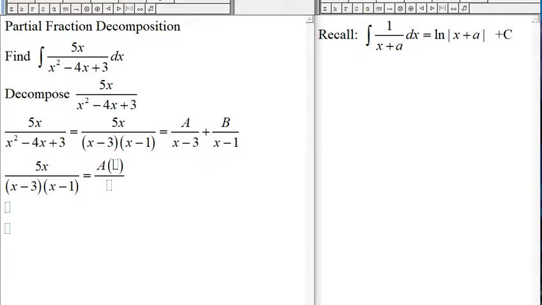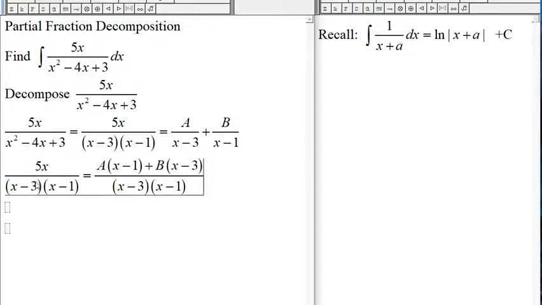So we have a times x minus 1 plus b times x minus 3, and then dividing by the product of the two denominators, x minus 3 and x minus 1. One more time, just do cross multiplication: a times x minus 1, b times x minus 3.